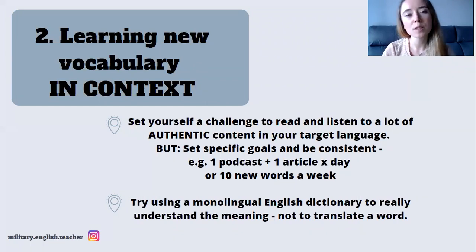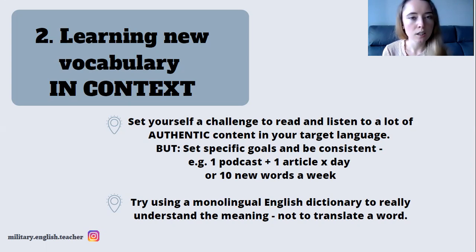But you have to be specific. It's not enough to write your goal, I want to improve my English. This is not very specific. You gotta write down what you actually want to do. Okay, so you have to set specific goals.